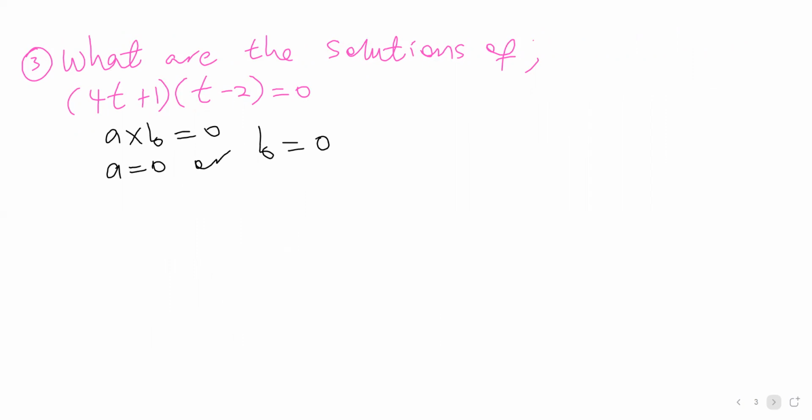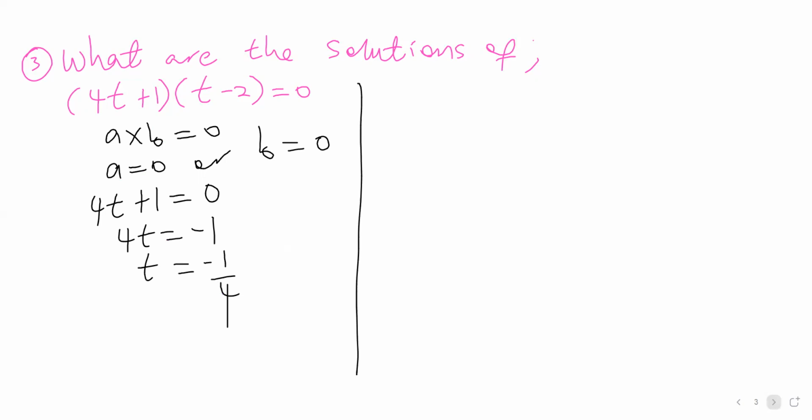So to find the solution, we can say 4t plus 1 is equal to 0, then 4t is equal to negative 1, so t is equal to negative 1 over 4. And we can say t minus 2 is equal to 0, so t is equal to 2.